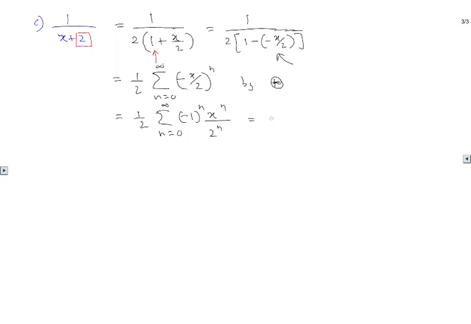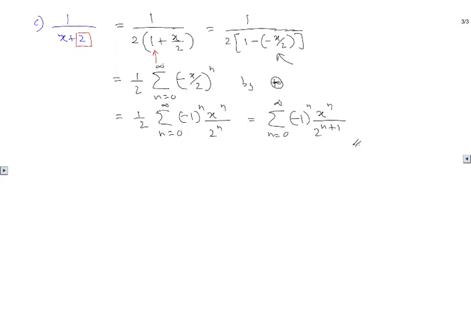So finally you end up getting sigma n going from 0 to infinity, negative 1 to the n, x to the n, over 2 to the n plus 1. That's the final answer for this one. This is the power series representation of 1 over x plus 2. X minus 2 you do the same way, but you don't need a negative sign in this case.